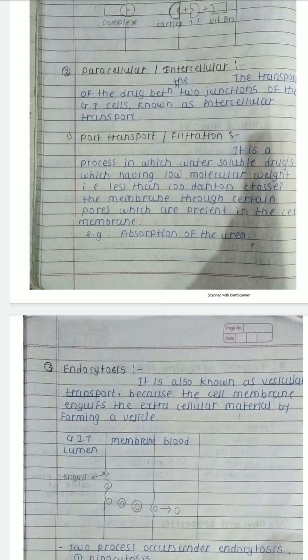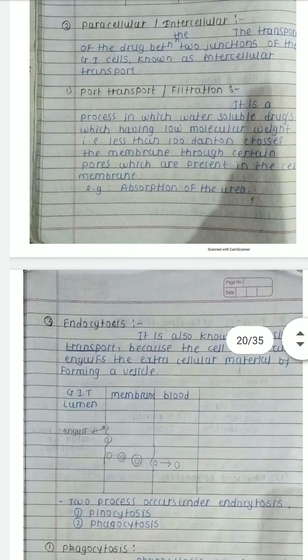So we require a pore for that. In that, the capillary pore will open, your molecule will bind, and then it will cross. But the condition is that the molecular weight must be less than 100 Dalton, so it can easily cross through the cell membrane. Those pores are present in the cell membrane, and then the drug reaches the systemic circulation.